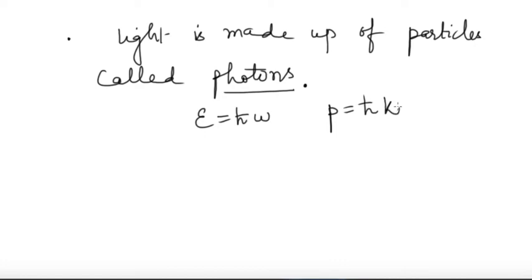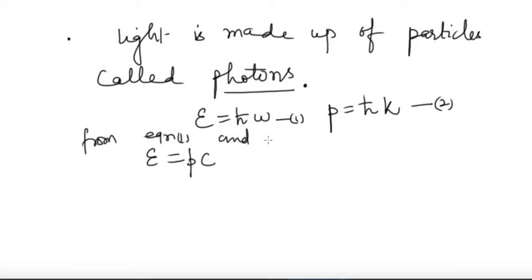Now from these two equations, equation 1 and equation 2, I get that energy is equal to p times c, since omega and k are related by c.